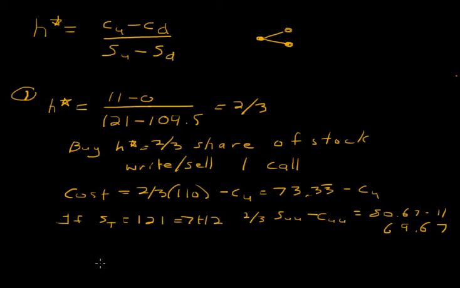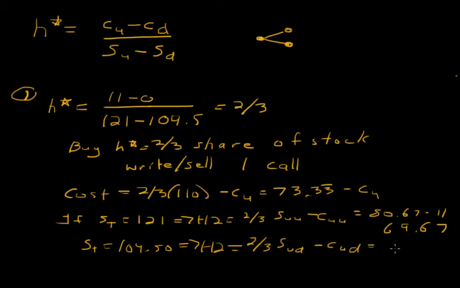Okay, alternatively, what could ST be? Well, ST, the stock price at the end of the day, could be 104.50. And then what is our portfolio worth? Well, it would be 2/3 of the stock price down less the call down.